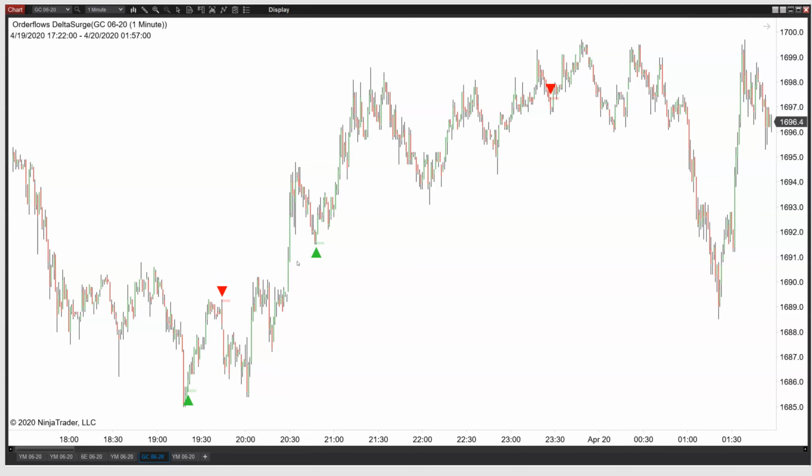I know some people use order flow to help refine their entries and exits on their current method of trading. So order flow is a very flexible tool, but remember, it's a tool to help traders in their trading. It's not a system, it's not a method per se.